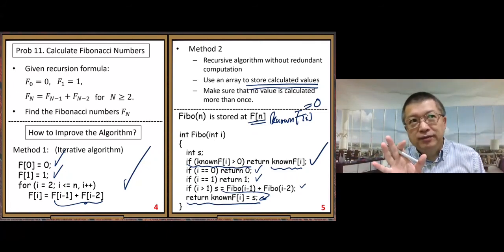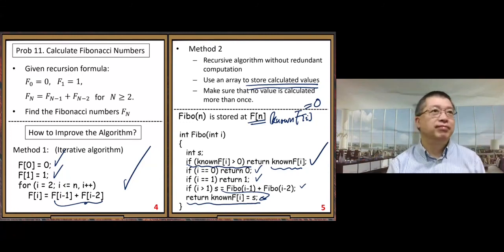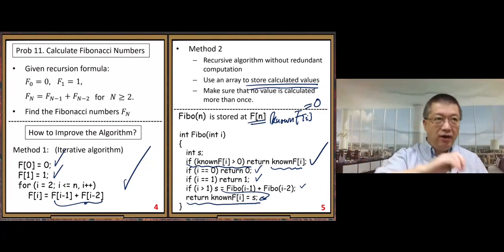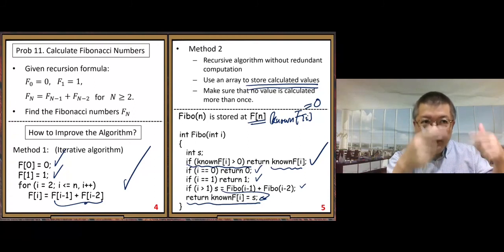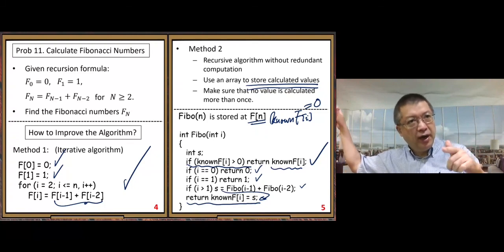In that way, you're fine. You can see, in that way, you carefully avoid redundancy. Then, as a result, your algorithm becomes very fast. The algorithm before you do these little things to detect if the Fibonacci number is known or not is extremely slow, very, very slow.